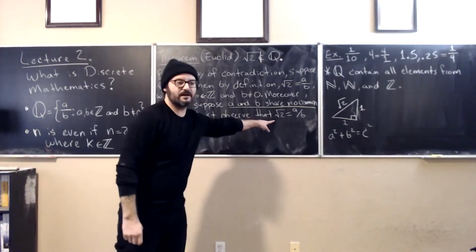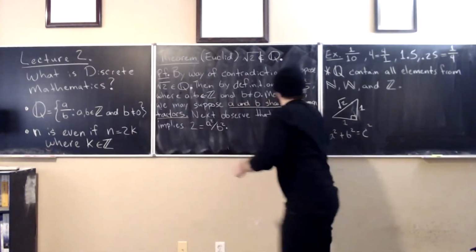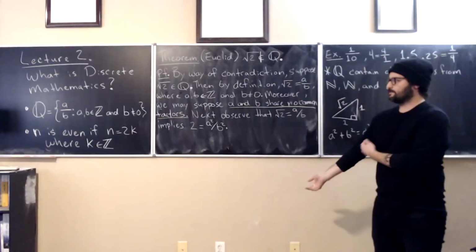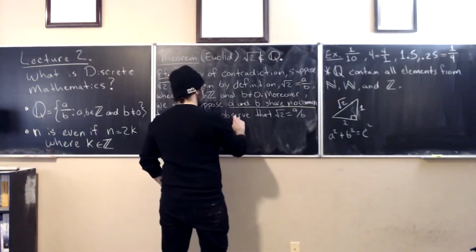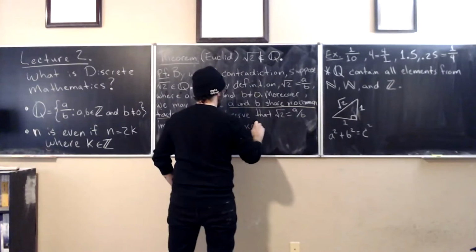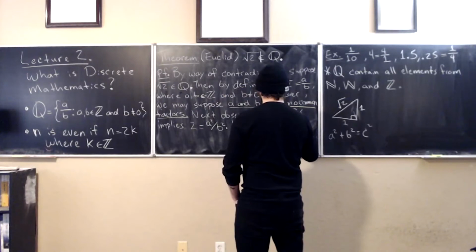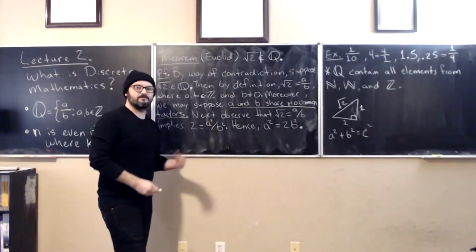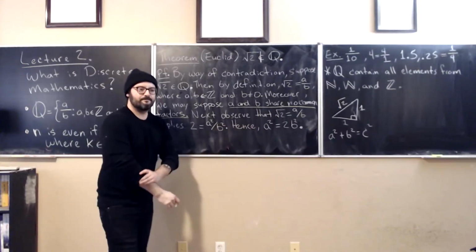If I square both sides of this equation, I get 2 on the left-hand side, and on the right-hand side, I get a squared over b squared. Simple algebra, that's all I've done. Hence a squared is equal to 2 times b squared. I just multiply both sides of this equation by b squared and isolate a squared.